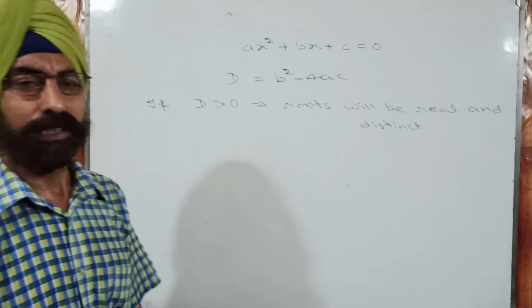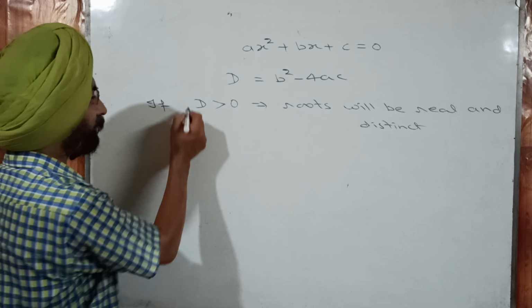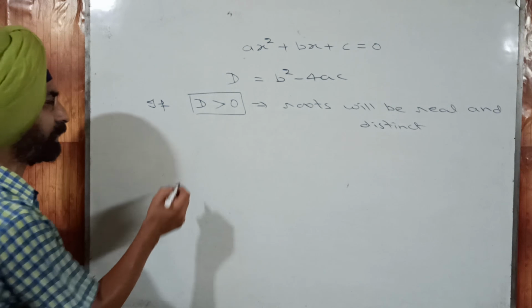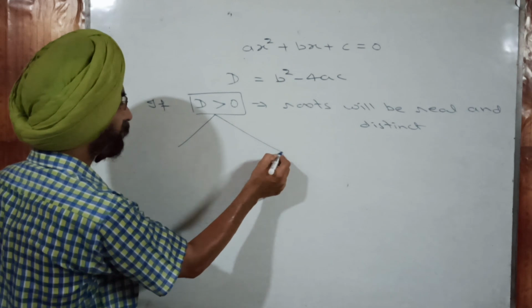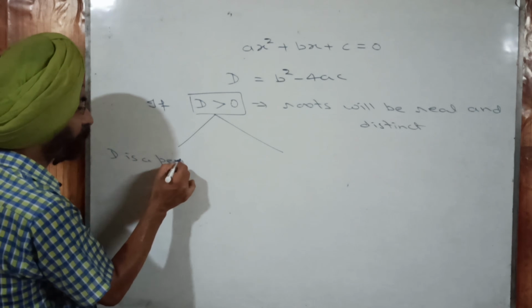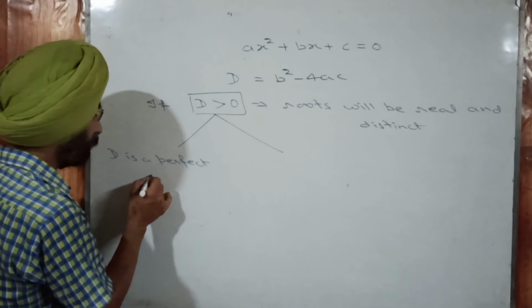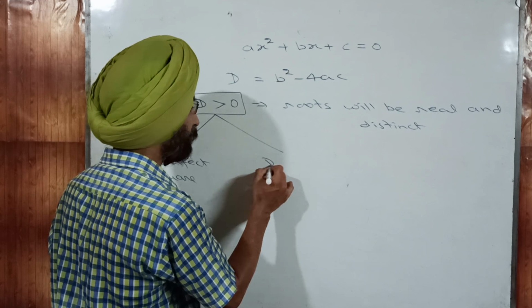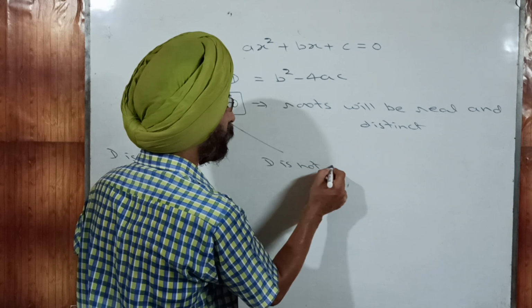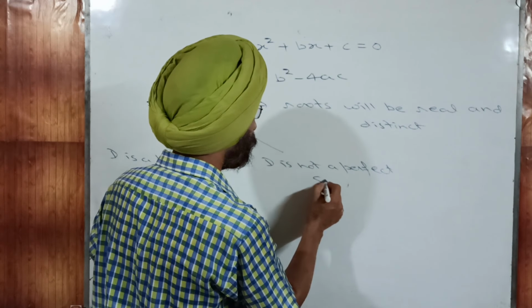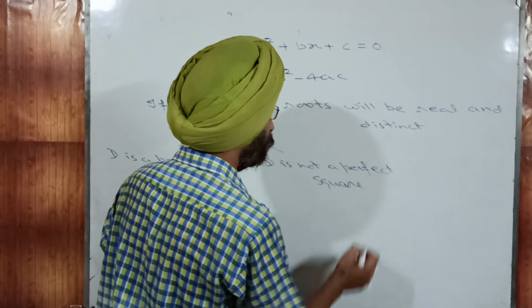Further, I am classifying this D greater than 0 into two parts. One is D is a perfect square, and the second classification is D is not a perfect square. So two classifications of the first case.